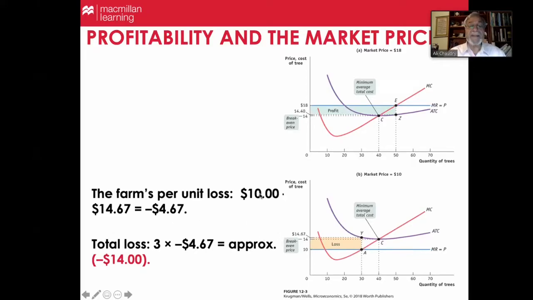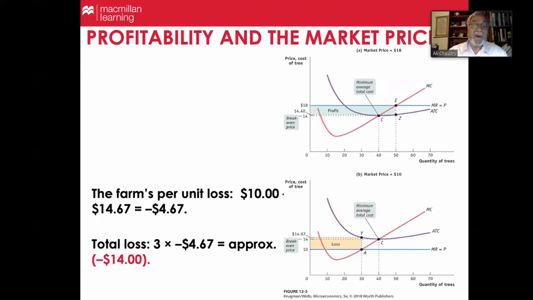We can also understand what will happen. So this is where we're showing the profit. The price is higher than the bottom of the average total cost, where marginal cost is equal. So they are able to sell 40 trees and make a profit, right? So this green rectangle gives us the profit level, all right?